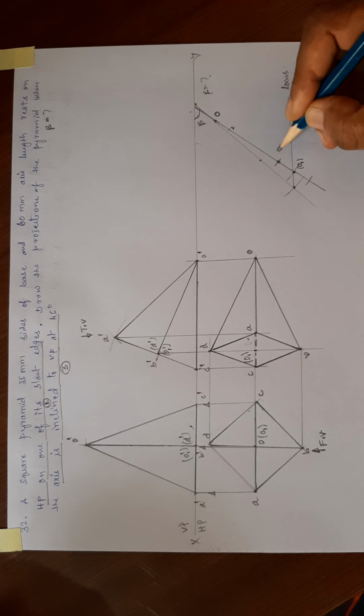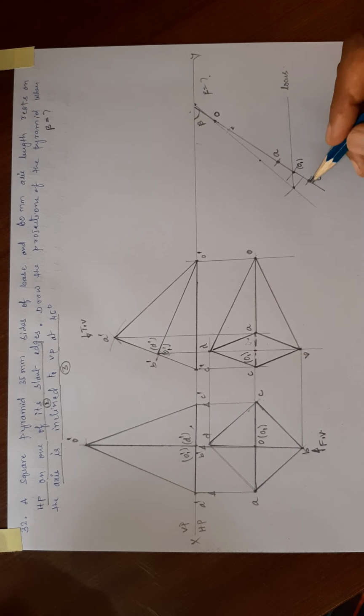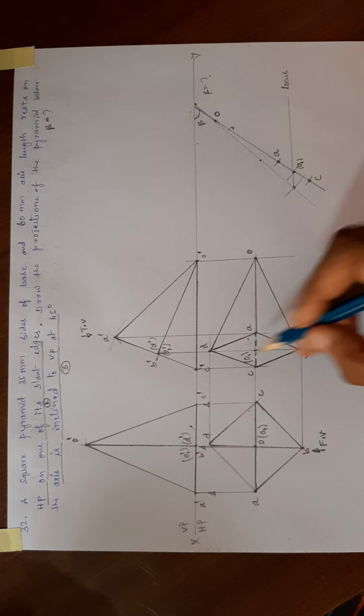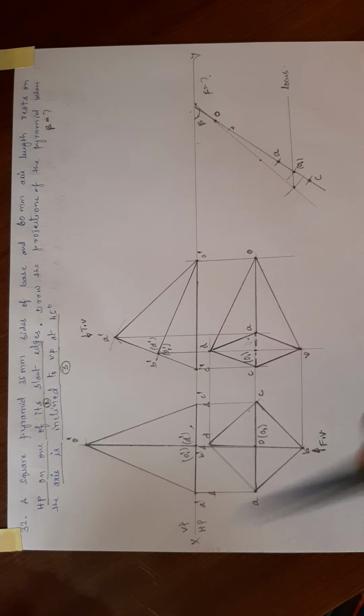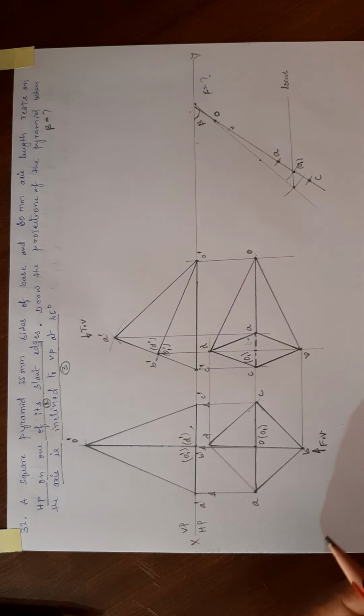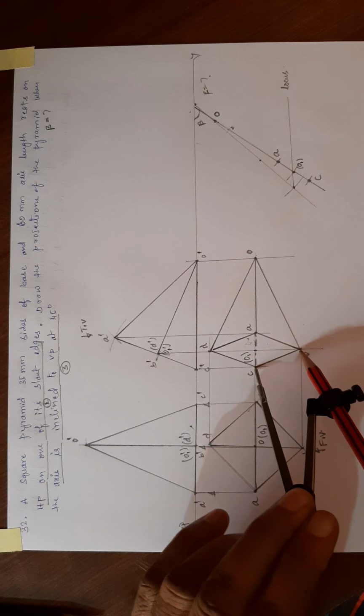Now this point is A. Now this point is C. 4 points we got. 1, 2, 3, 4. So remaining points we have to get. The remaining points are D and B. Okay. Now you take CD, CD is equal to CB.